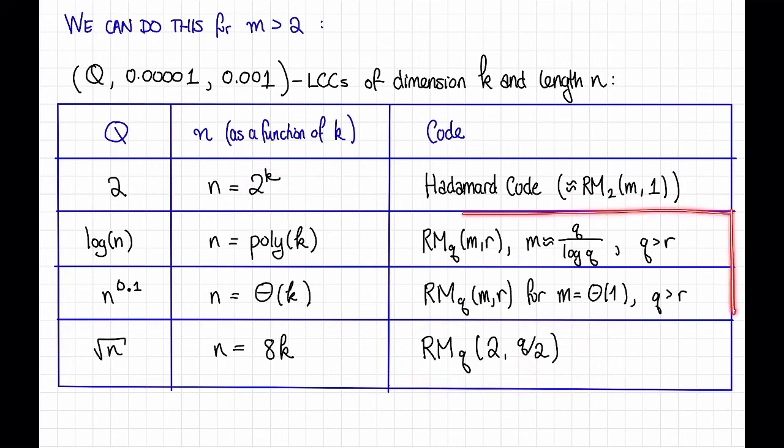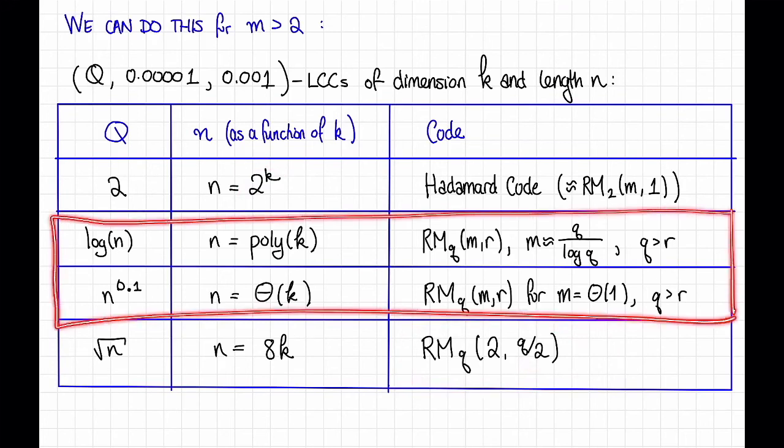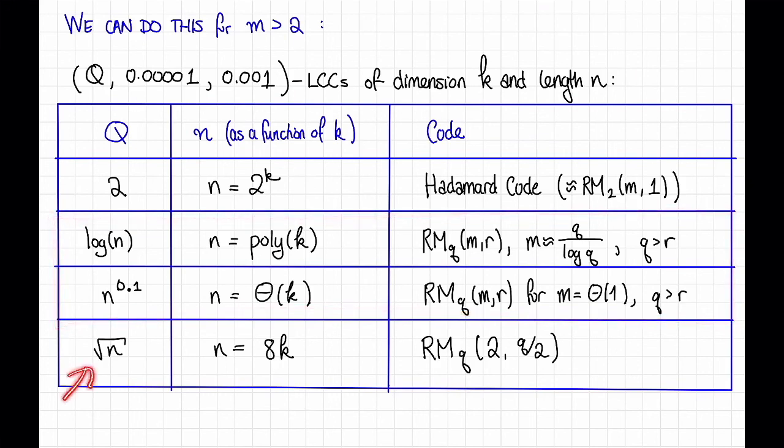For these two intermediate results, we can get these by basically just doing this idea with different values of m and r. In particular, in order to get query complexity log n, we can get away with only a polynomial blowup in the block length over the dimension, and we can do that by choosing m, the number of variables, to be roughly q divided by log q.